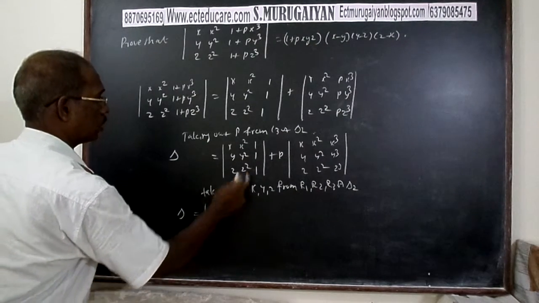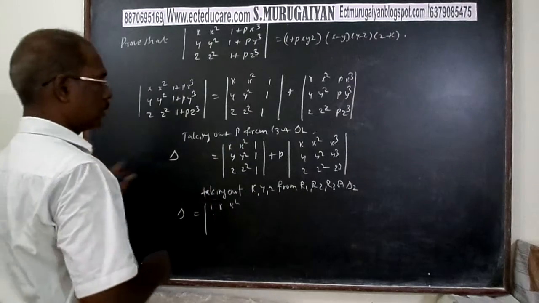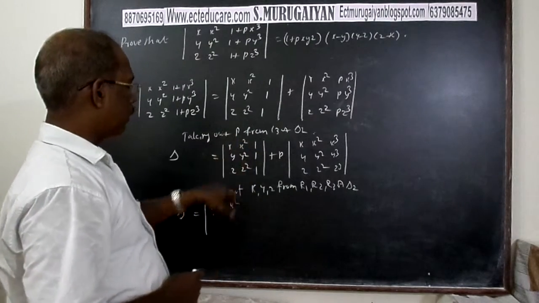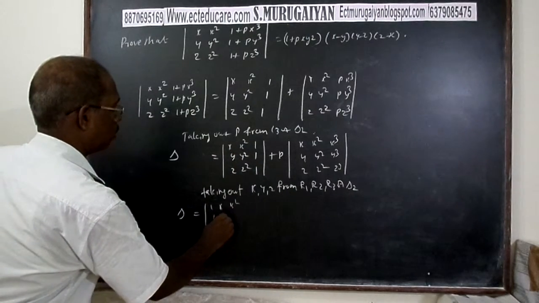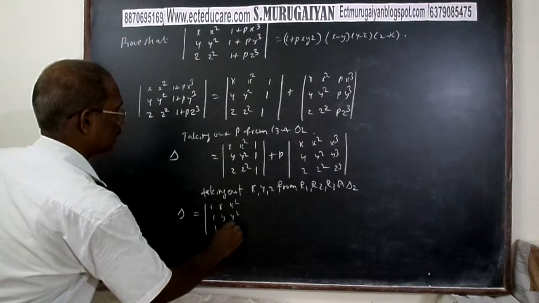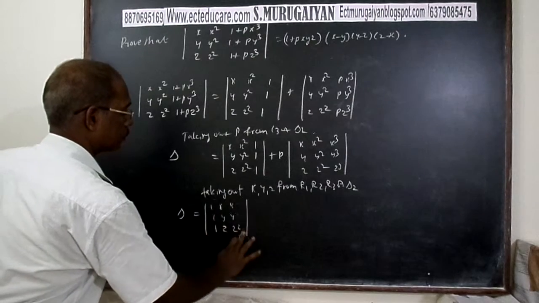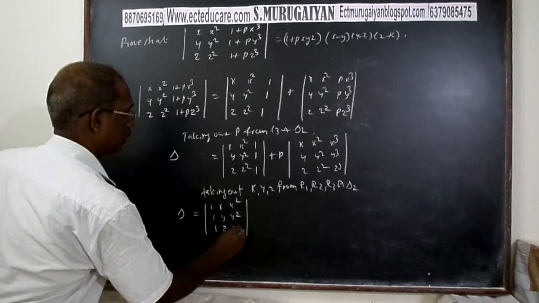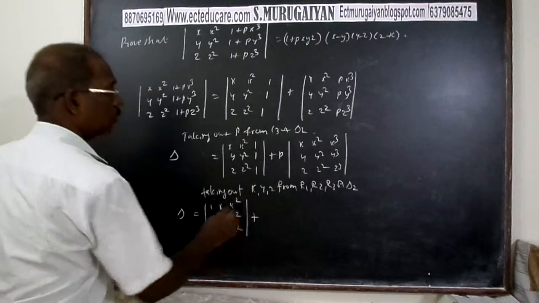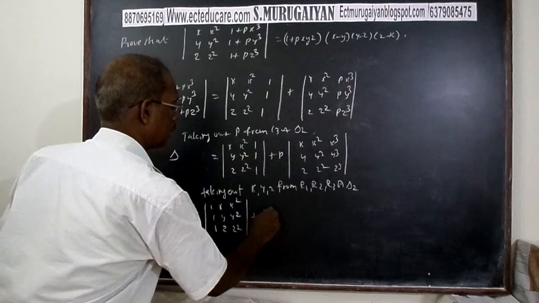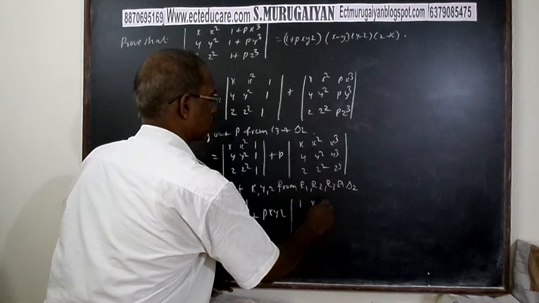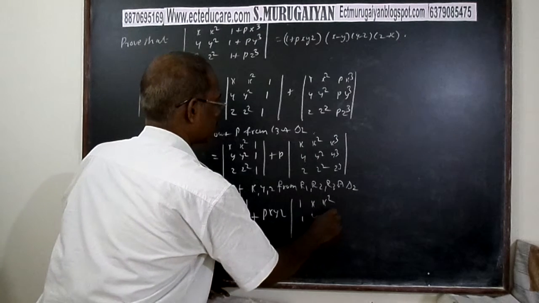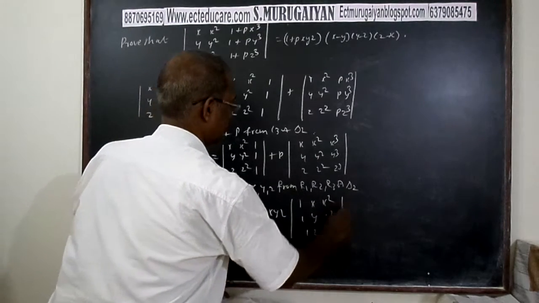then delta equals 1, x square, and in cyclic order we can write, without affecting the cyclic nature, 1 x x square, 1 y y square, 1 z z square, plus pxyz times 1 x x square, 1 y y square, 1 z z square.